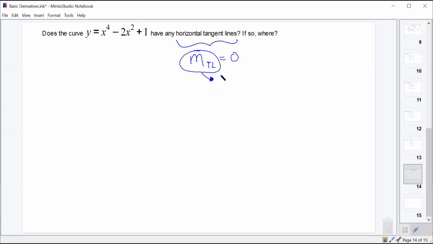Its derivative. So this is asking, does the derivative ever equal 0 for this function? And if it does, where does that occur? So how do we find out if the derivative equals 0? Well, what do we need to find? We need to find the derivative. What is y prime? What is the derivative of y?